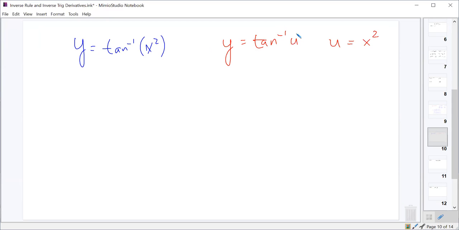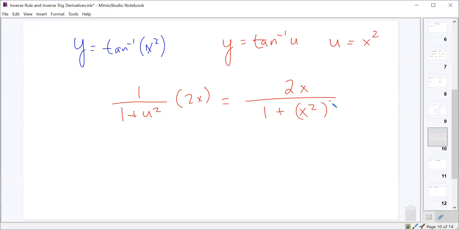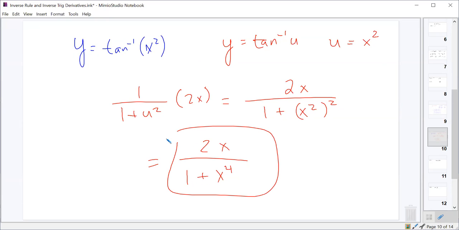And from our formulas, what's the derivative of the inverse tangent of u? One over 1 plus u squared times the derivative of u. So 1 over 1 plus u squared times 2x, or just 2x over 1 plus x squared squared, or 2x over 1 plus x to the 4th.